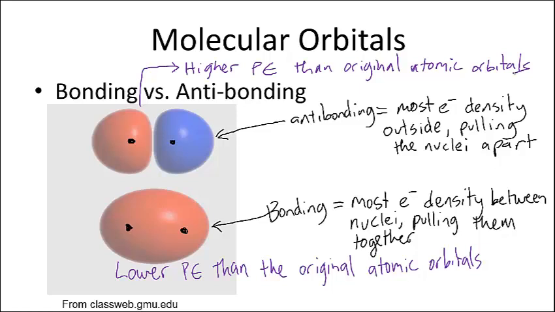So what we do often is we draw what we call a molecular orbital diagram that shows the energy of the atomic orbitals and shows the energy of the resulting molecular orbitals.